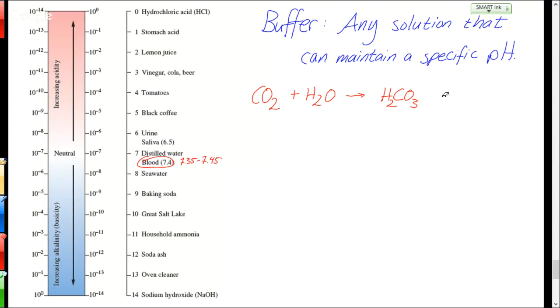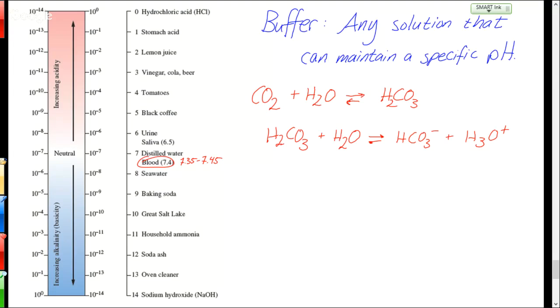So wait, this is going to look weird if I do it this way. So that carbonic acid, by the way, this goes both ways, can react with more water to make its conjugate base, which is bicarbonate, and hydronium.